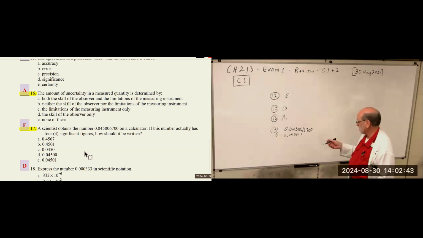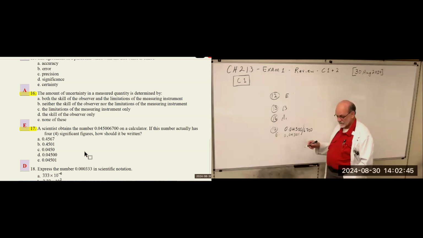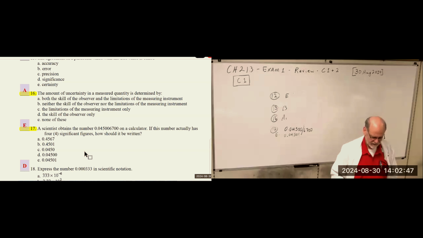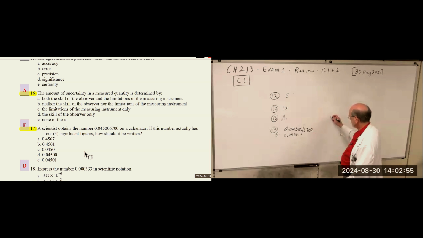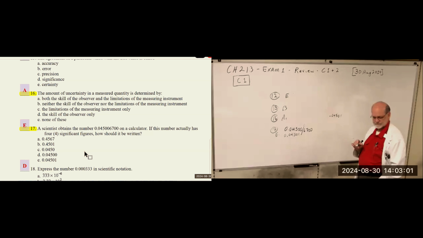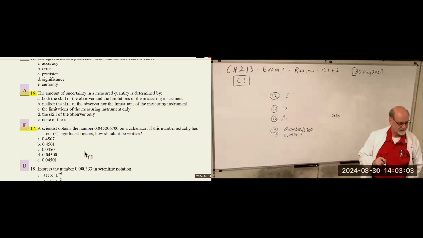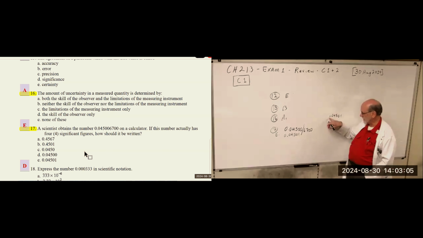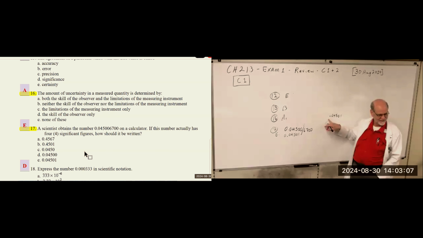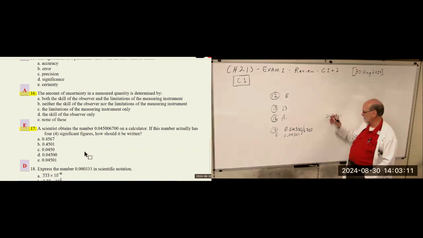Oh, this brings up another problem I have. Some students, not a lot anymore, come to me and they would write that number .04501. And I count it wrong. That's an orphan decimal. Right? It only has one parent on this side. It needs both of them.